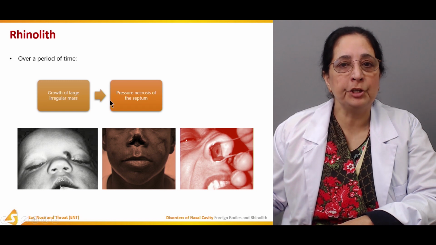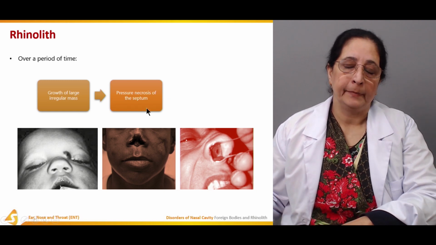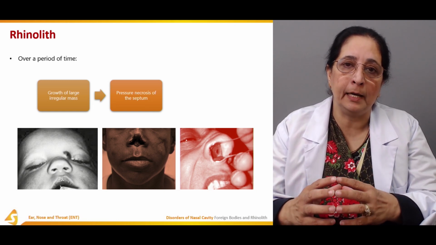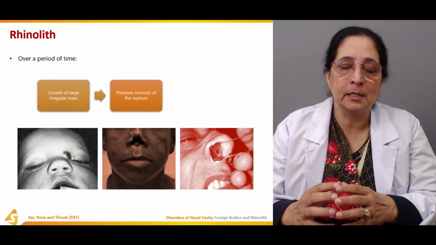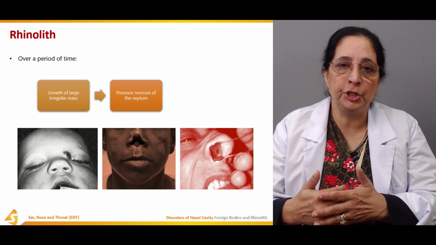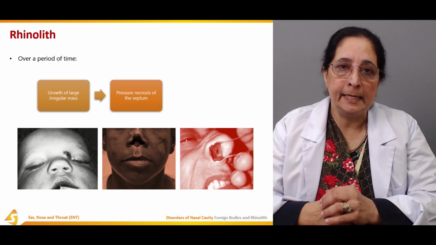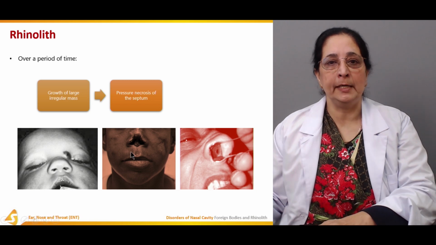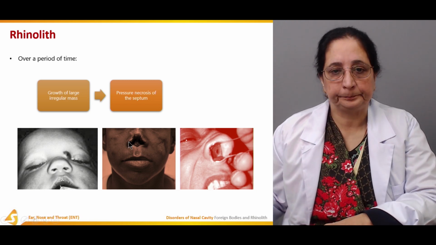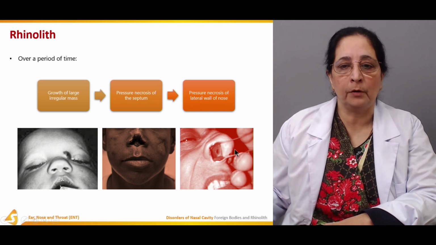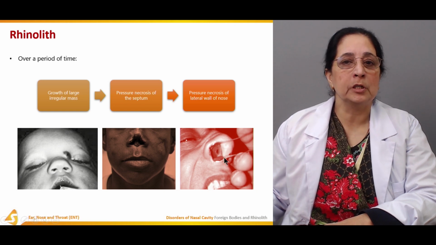It can cause pressure necrosis in the septum. Necrosis is the death of the tissue, and when there is constant pressure by a stone, this can cause necrosis and death of the septum, which is the partition between the two sides of the nasal cavity. And also pressure necrosis of the lateral wall of the nose can occur.